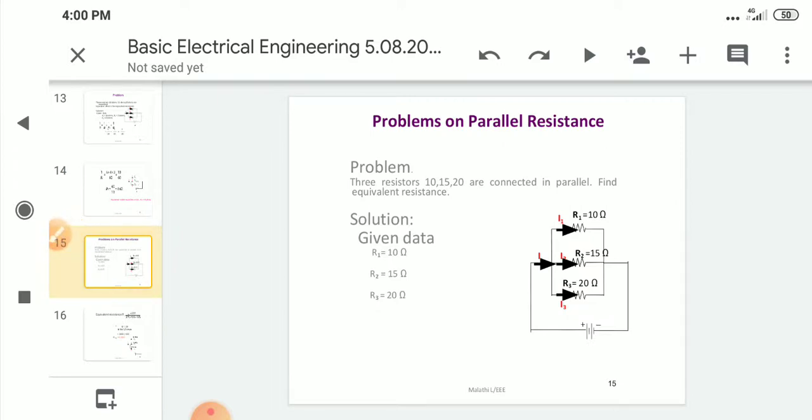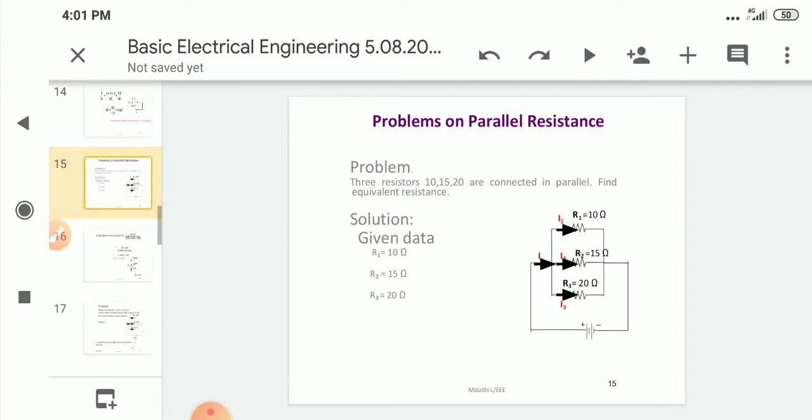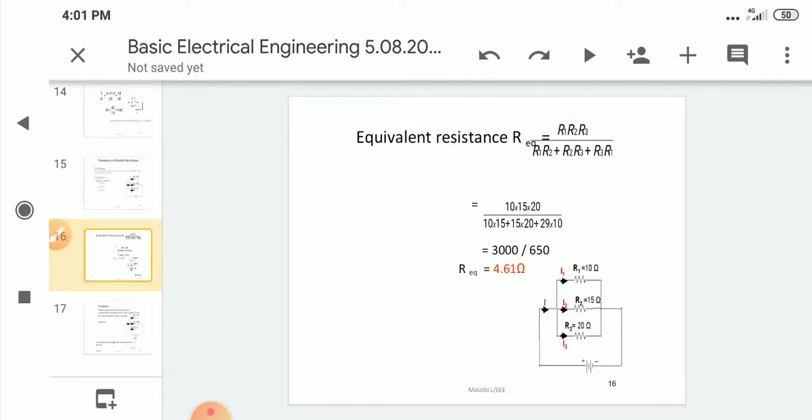Let's see another problem on three resistances. 10, 15, 20 are connected in parallel. Find the equivalent resistance. Here R equivalent is equal to R1 into R2 into R3 by R1 R2 plus R2 R3 plus R3 R1.